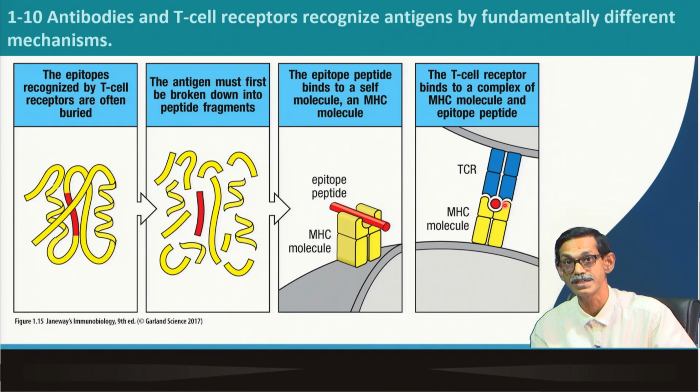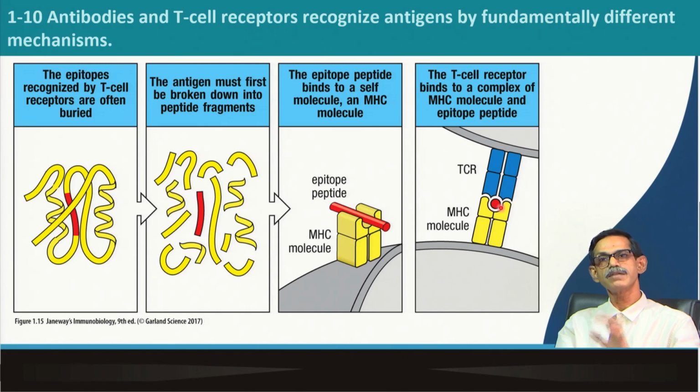The red part is now the antigen, just the perspective is different. The red part is the antigen and the yellow part is the MHC molecule. So, the T cell receptor can recognize the antigen only when it is presented by MHC molecules. The T cell receptor binds to a complex of MHC molecule and the epitope of an antigen. So, here is the difference.